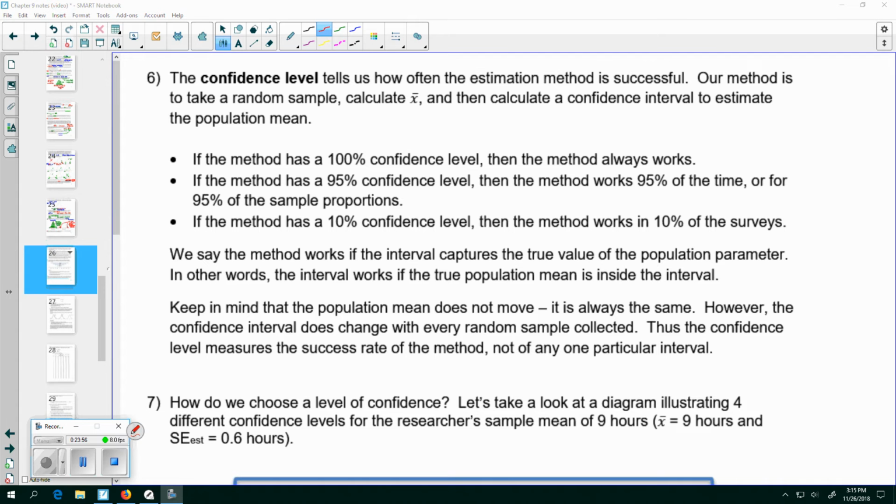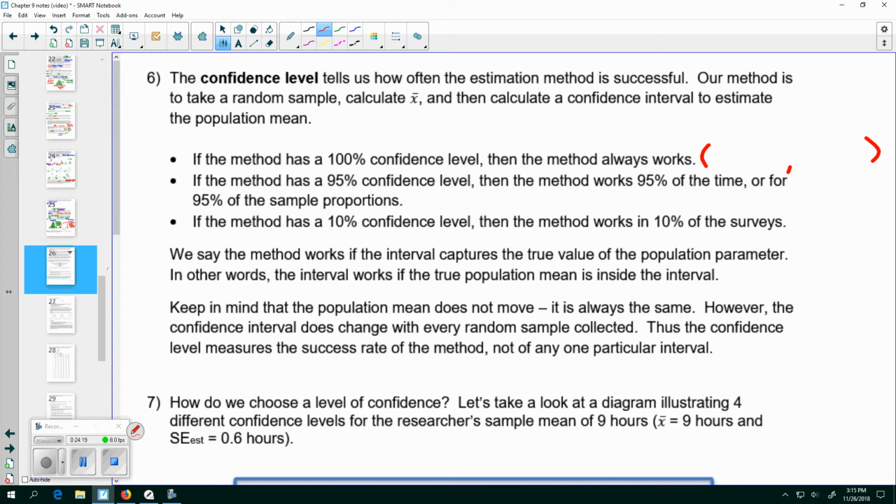Okay, so number 6, the confidence level tells us how often the estimation method is successful. Our method is to take a random sample, so just one random sample, calculate one X bar, one sample mean, and then calculate a confidence interval to estimate the population mean. If the method has a 100% confidence level, then the method will always work. And that means your confidence interval is going to be incredibly wide.